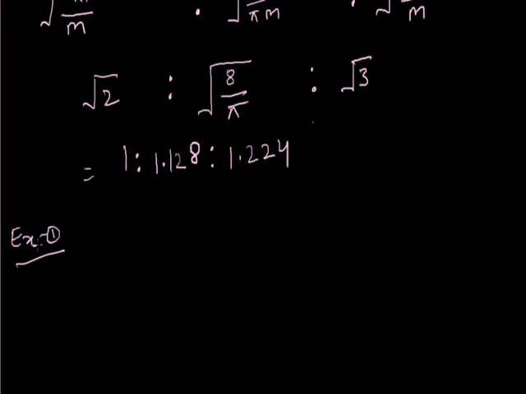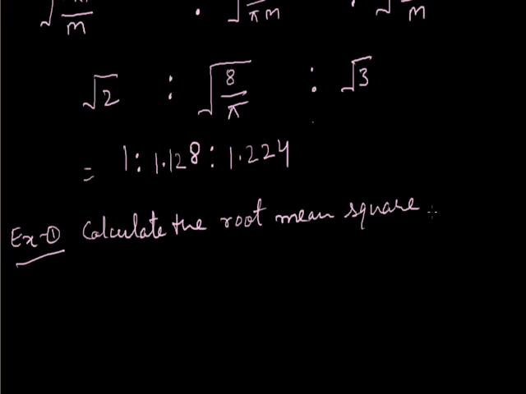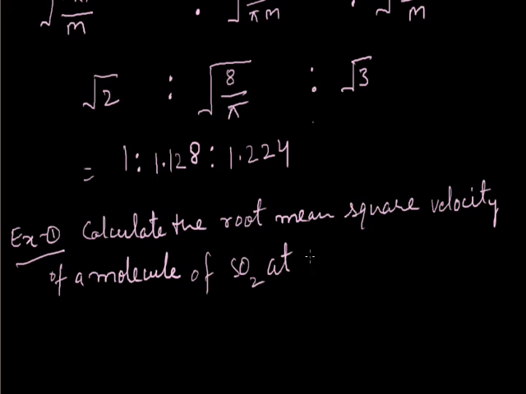Now, a numerical example to understand the speeds. Calculate the root mean square velocity of a molecule of sulfur dioxide at STP. What is its most probable velocity?